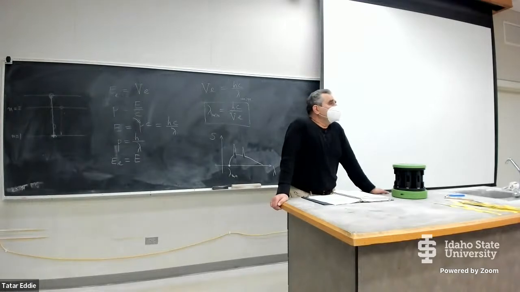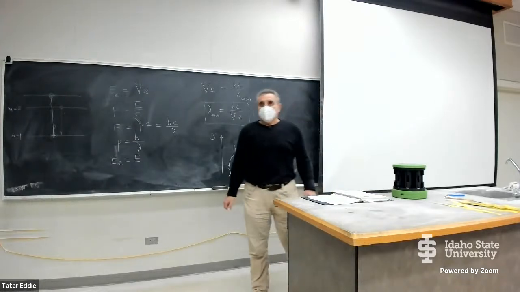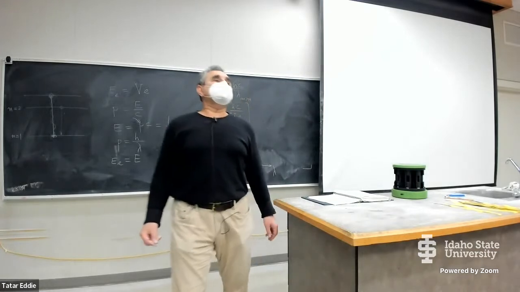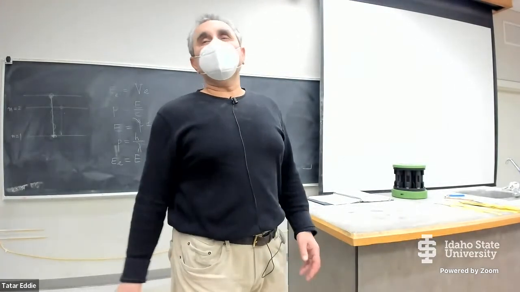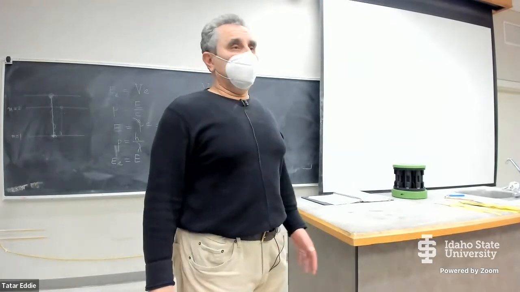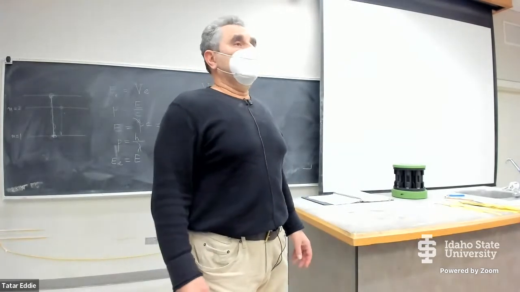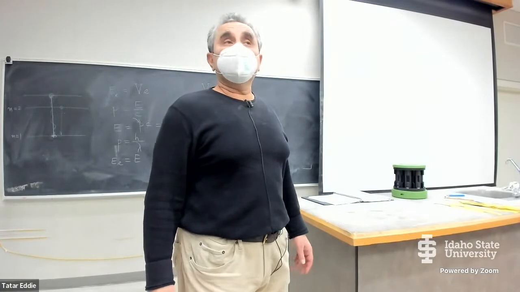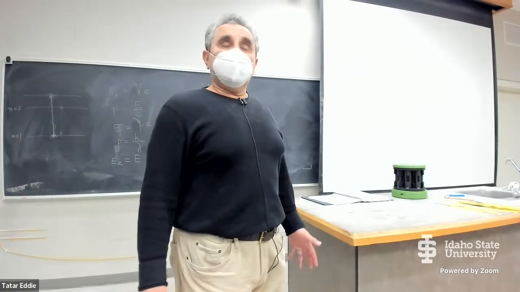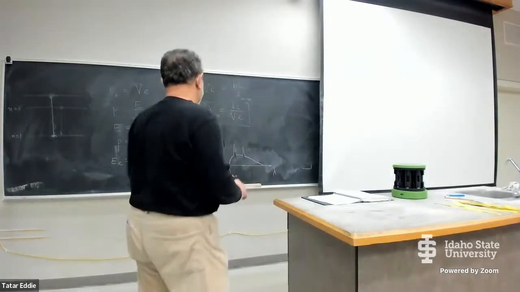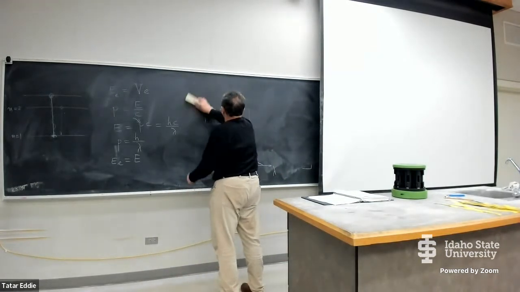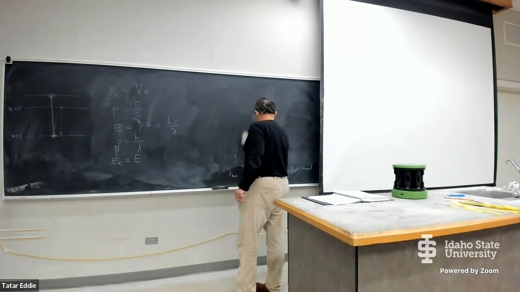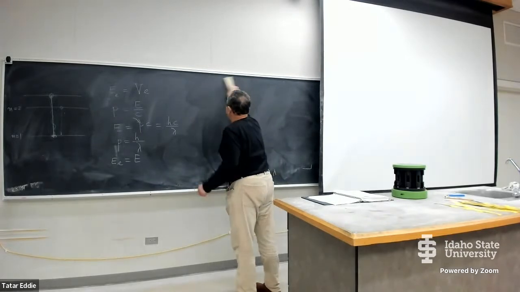The last section of this chapter is describing how lasers work. And the idea there is very simple, even though the practical implementation of those ideas is not that trivial. So a laser consists of active material.